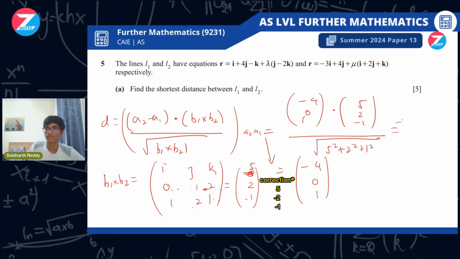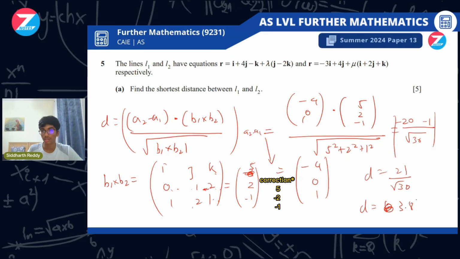So this becomes minus 20 plus 0 minus 1, divided by square root of 25 plus 4 plus 1, which is square root of 30. We have to take the absolute value also. So this distance is equal to 21 by root 30, which, if I put it in a calculator, we get 3.83. D is equal to 3.83. So that's this part done.